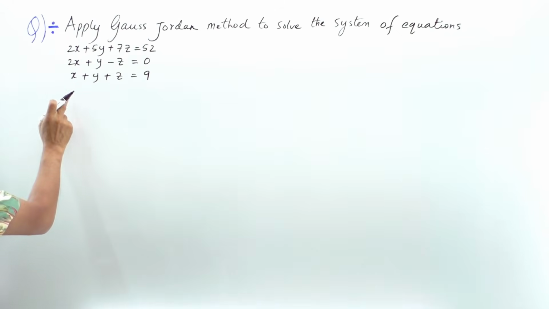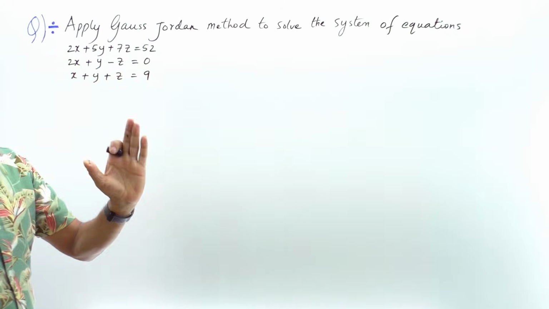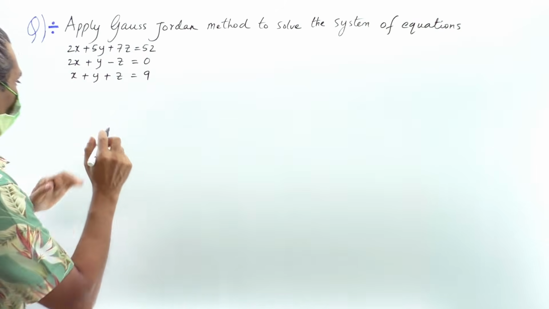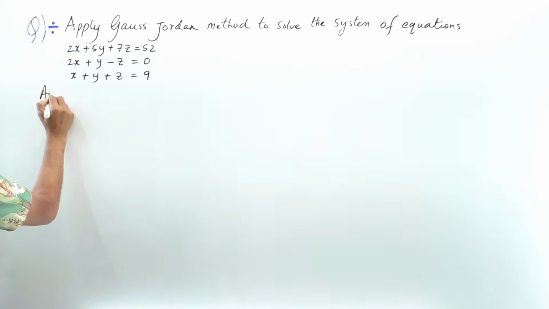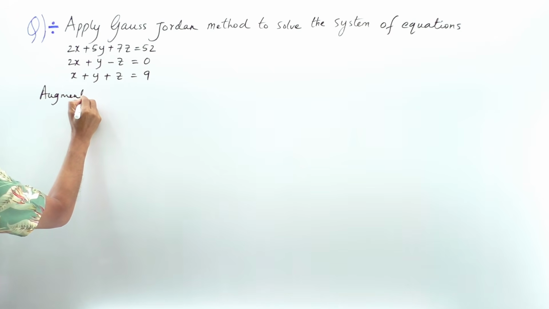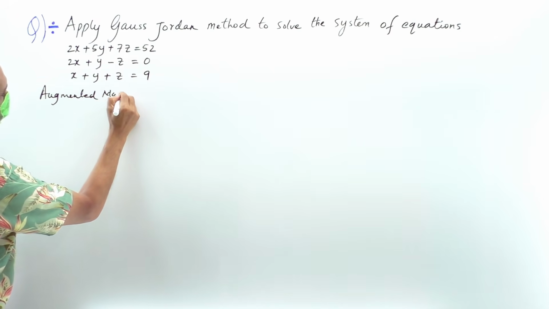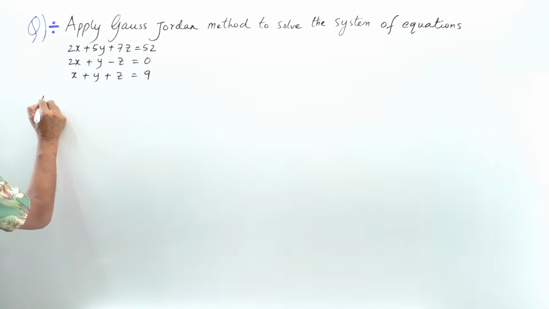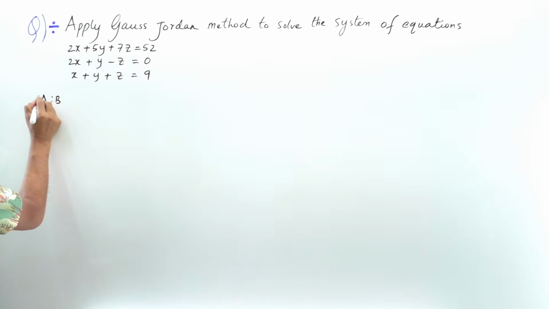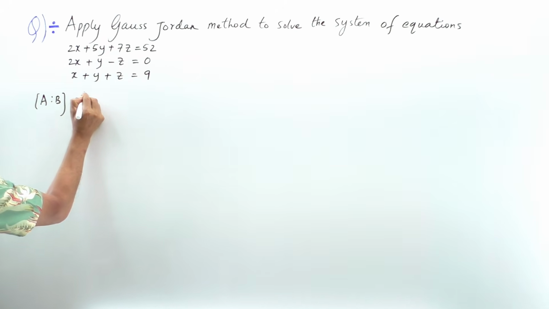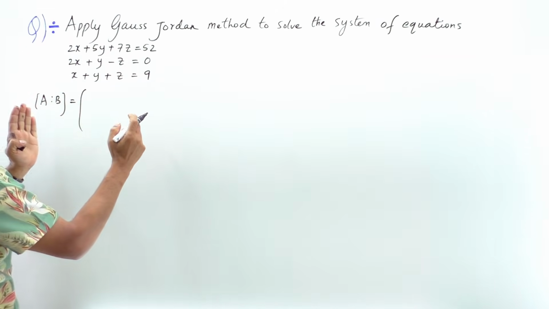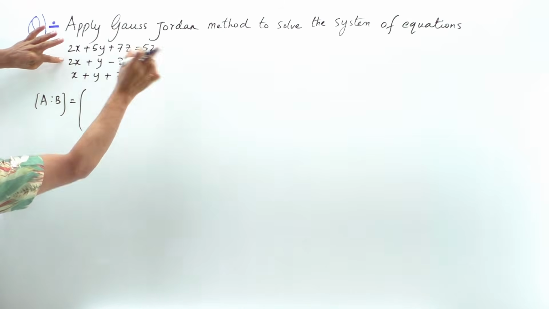So first, as you know, in Gauss elimination method, we first find the augmented matrix. I'll write here. The augmented matrix is given as A augment B. A augment B equals, very simple, augment means adding something extra.